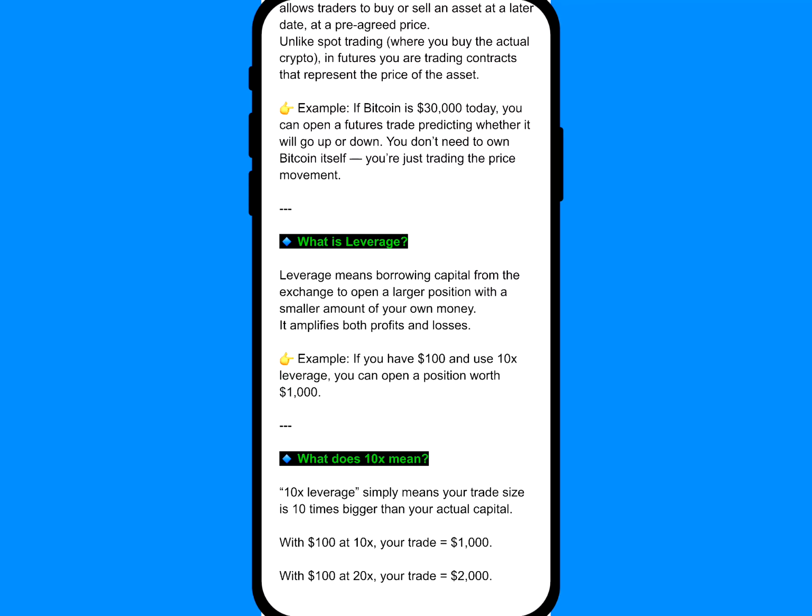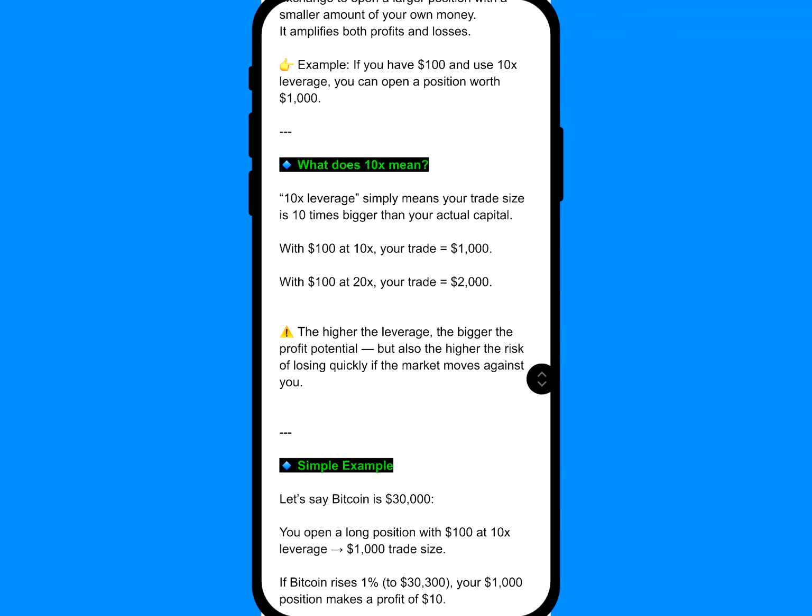Remember, example, if you have $100 and use 10x leverage, you can open a position worth $1,000. If you calculate 100 times 10, it will give you $1,000.